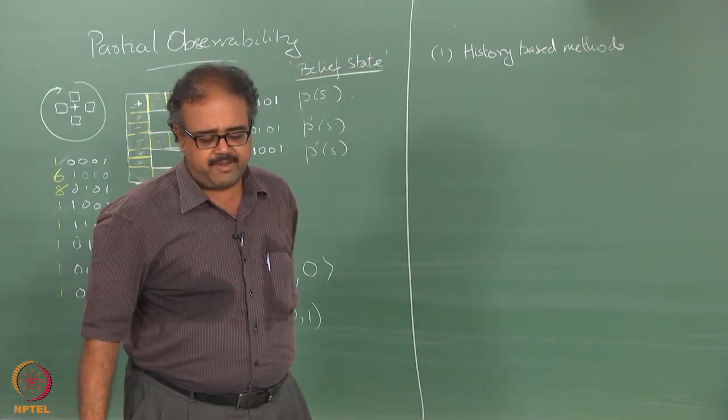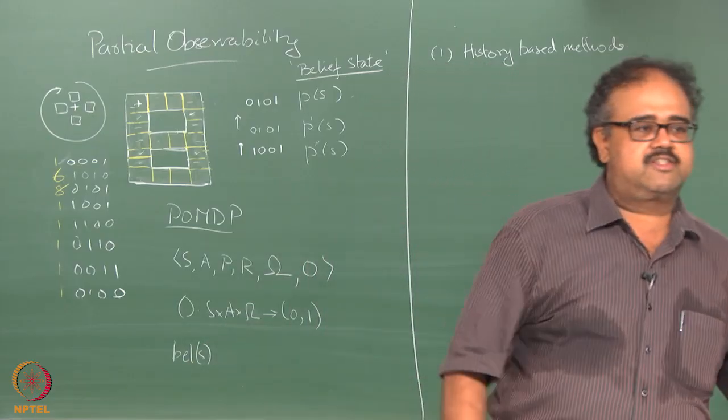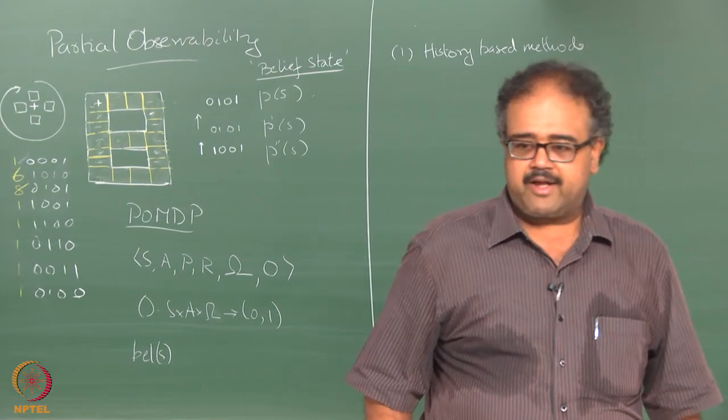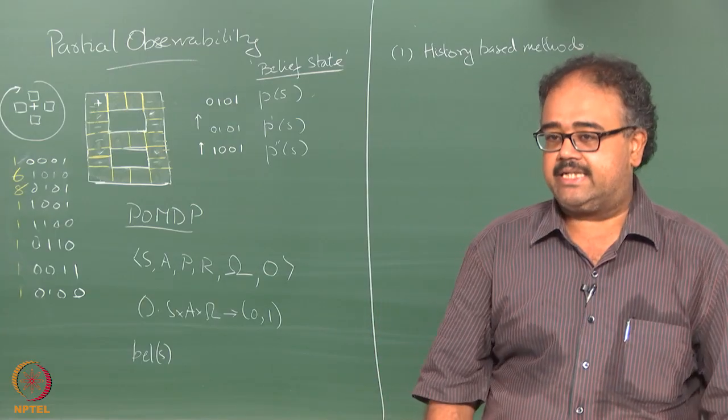So I'm going to call them history-based methods, but almost all the partial observable solution methods use history in some fashion or the other. But I call these history-based methods because they use history very directly.